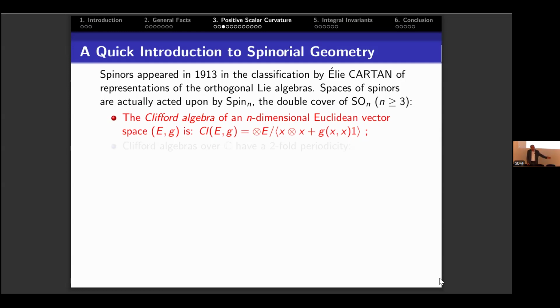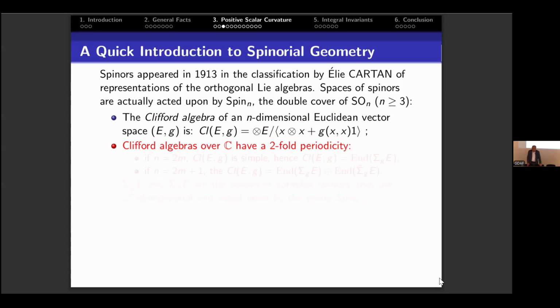You take the tensor algebra, you take all possible tensors on E, and then you force the relation that the square of a vector is minus its norm squared. So in a sense, you force some kind of an anti-symmetry in the object. By doing so, it's very easy to see that the object you build is more or less the same dimension as the exterior algebra, but with a more sophisticated product, which is, of course, the Clifford product.